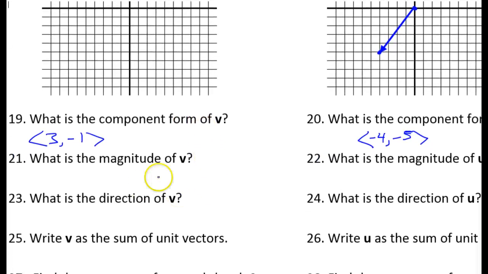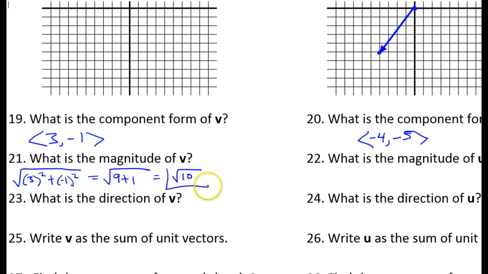All right, what is the magnitude of vector v? Well, we can use the magnitude formula where we take the square root of 3 squared plus -1 squared. This is how you get the magnitude from the component form. So this would be the square root of 9 plus 1, which is the square root of 10.